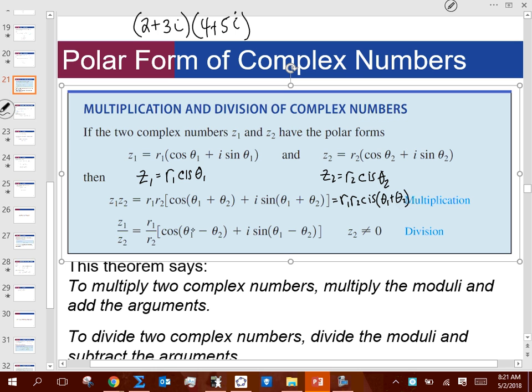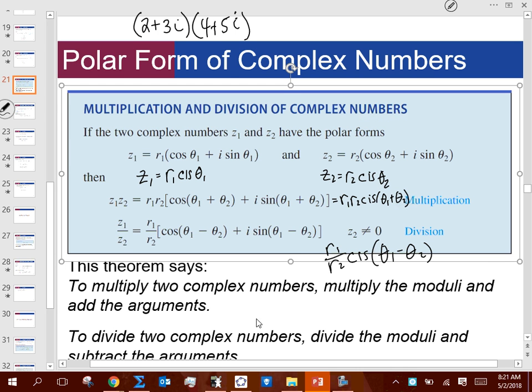Because division and subtraction are not commutative, the order is important. Obviously, z2 cannot be 0 because then you're dividing by 0, which is undefined in the complex plane as well. That is equivalent to r1 over r2 cis theta 1 minus theta 2, if you want to write it that way.